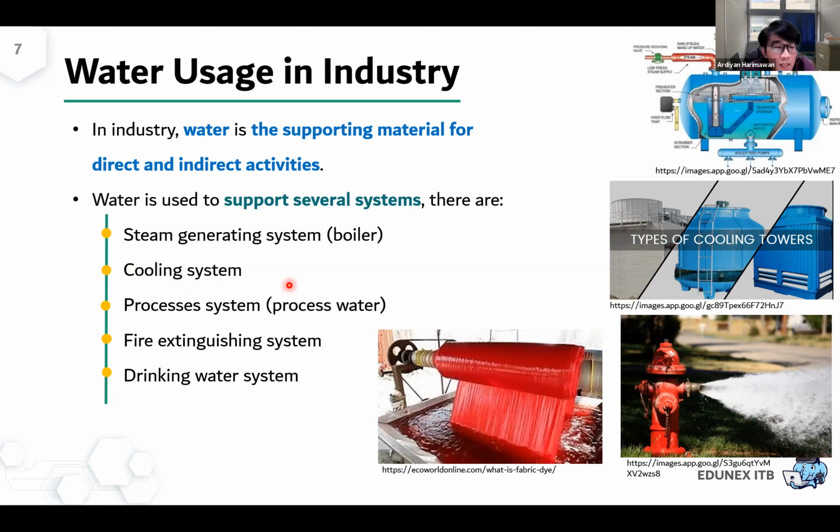And for process water, we use the water directly in the process. This one is the utility, right? The steam and cooling are for the utility. It's supporting. But for the main process, we call it process water, air proses.